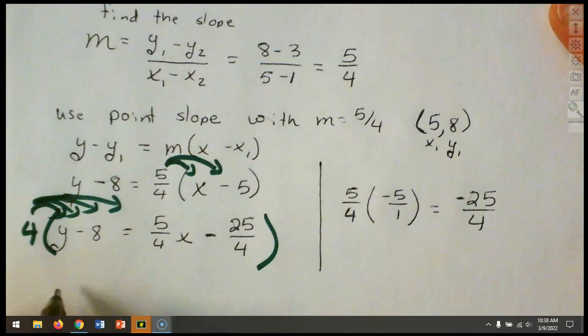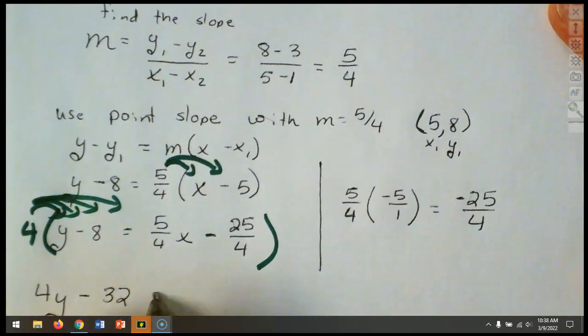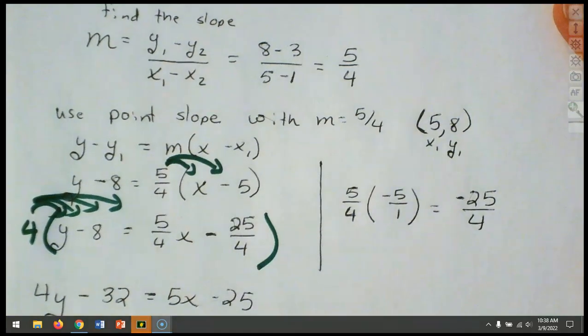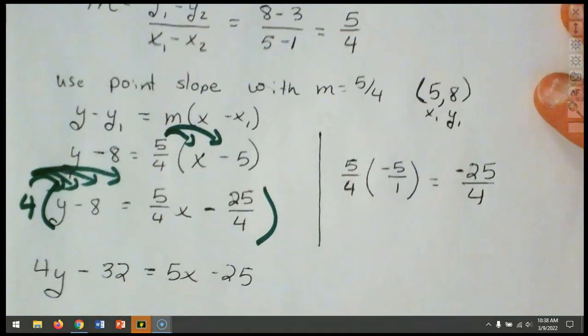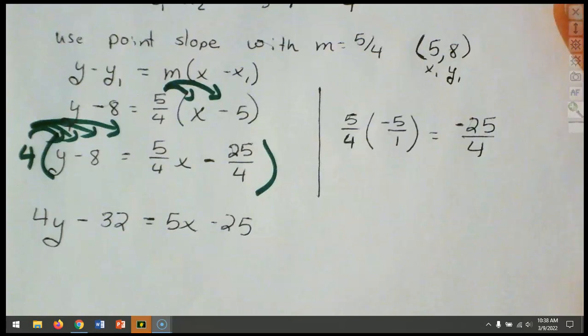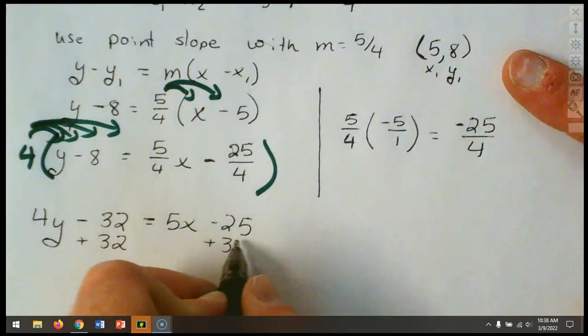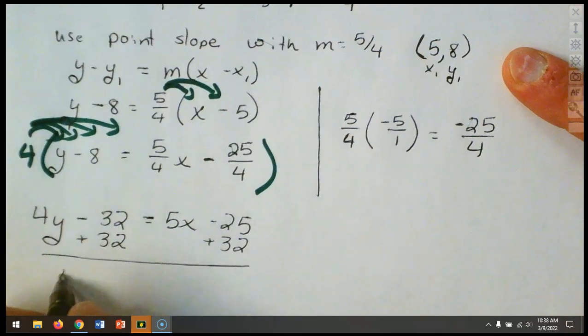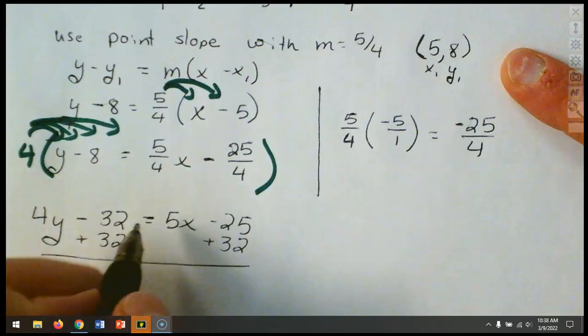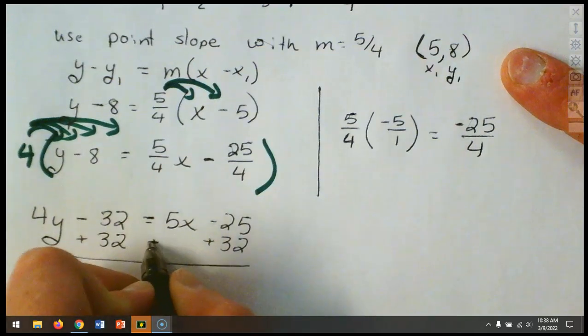That leaves you then with 4y minus 4 times 8 is going to be that 32. That equals then 5x minus 25. Add your 32 to each side. And we got to remember, subtract that 5x over as well.